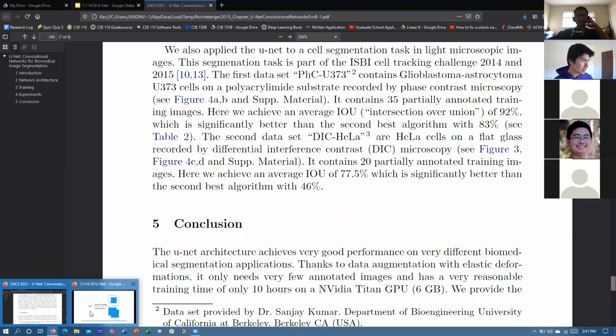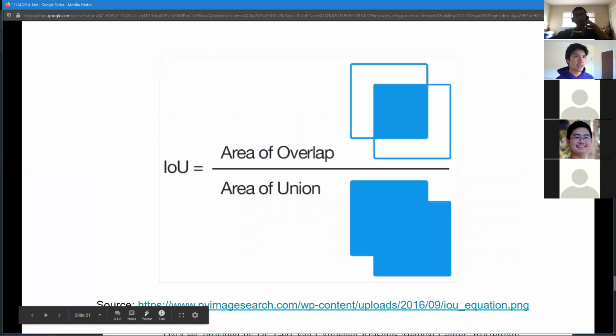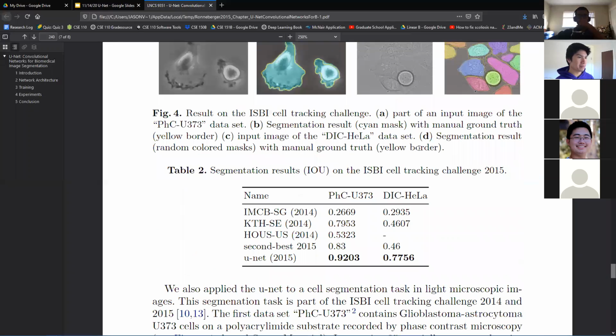Cool. So that's intersection over union, and as you can see, that's actually a pretty significant improvement over the second best in 2015. I guess there was a first best that they left out. I don't know, maybe that's to make their model look better.